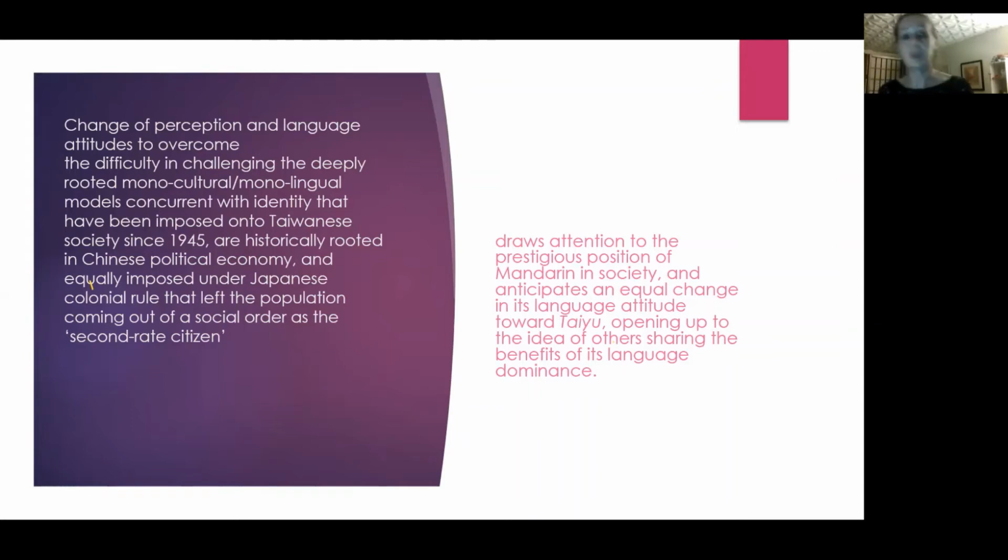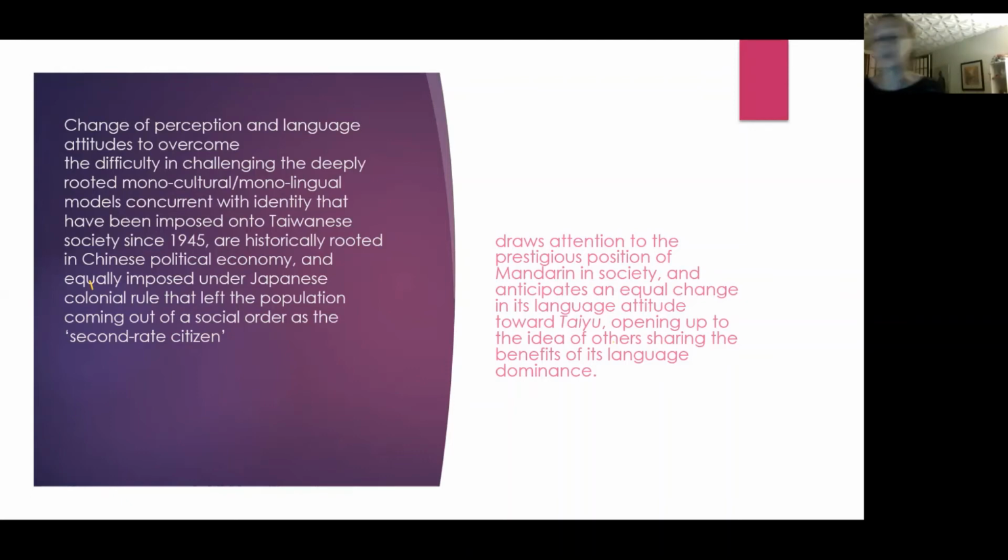And it's nothing new, because it has been imposed on Taiwanese society since 1945, and even before it was historically rooted in Chinese political economy. And the transition from classical Chinese, the Baihua, into one national language was equally imposed under Japanese colonial rule, and on top the extra layer is that we had a population that comes out of the social order as second-rate citizens.